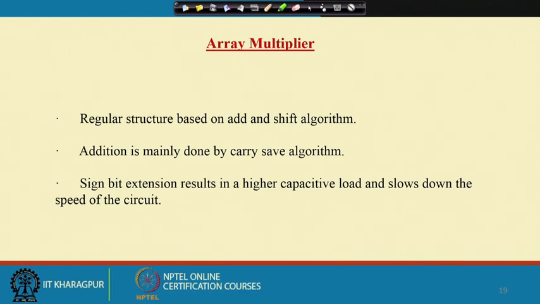If I am doing signed multiplication, I have to consider sign bit extension, otherwise I do not have to. Using array multiplication I can do signed as well as unsigned multiplication, but for unsigned multiplication I do not need anything, whereas for signed multiplication I have to be bothered about sign extension. How we do sign extension will come later.